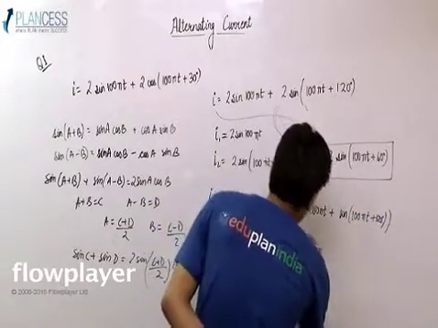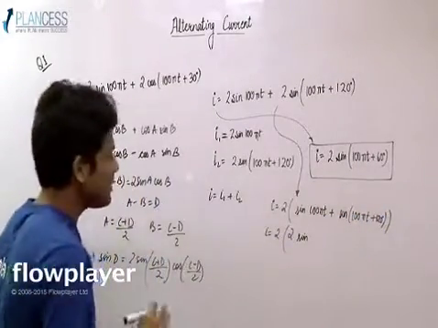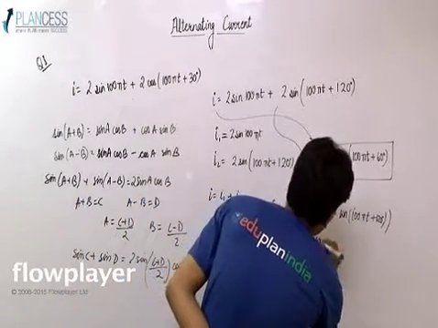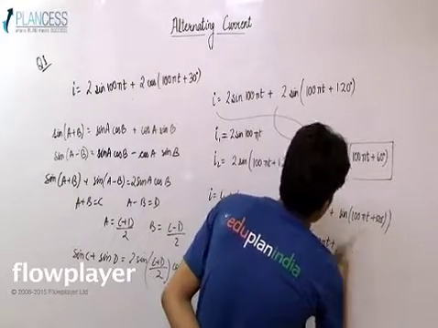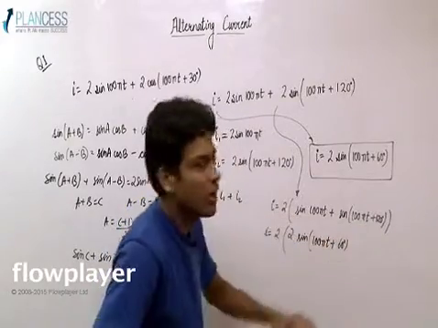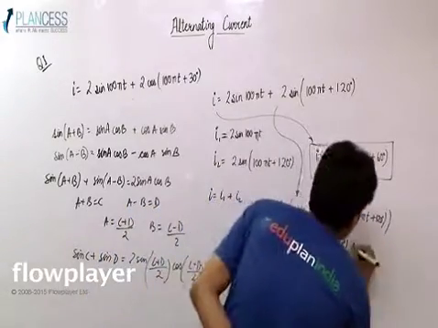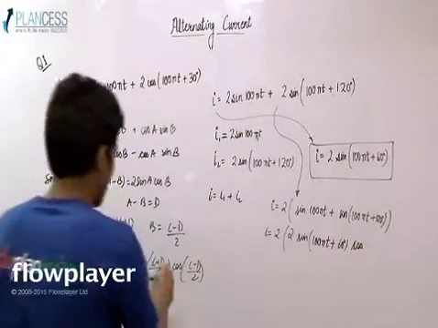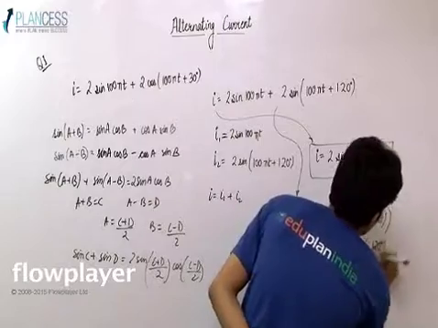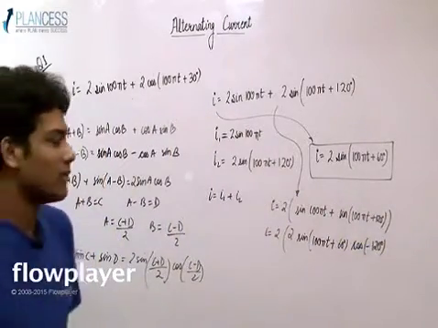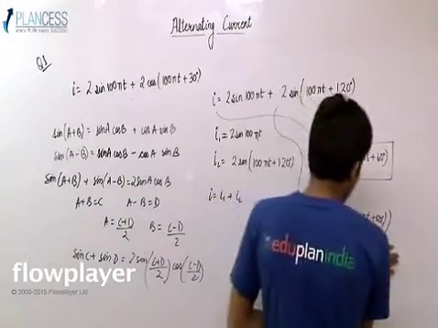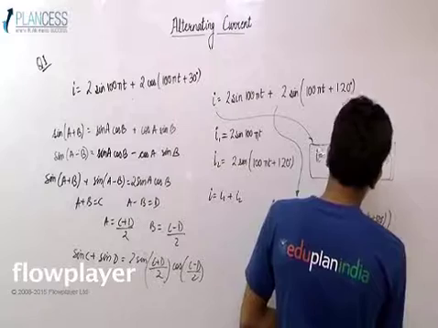So I can write this down as 2 sine C plus D by 2, that is this plus this by 2, which would be 100 pi t plus 100 pi t plus 120 upon 2, so 100 pi t plus 60 degree, into cos C minus D by 2.